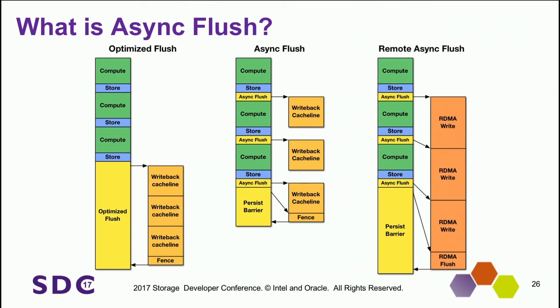And of course, that's much more expensive than the local cache line write back in terms of execution time. So again, we stack up multiple of these, fire them off with asynchronous flushes. And then when we get to the end of our persistence epoch, we invoke a persist barrier, and that's going to have to invoke a remote RDMA flush, which has similar semantics to the local fence. It's not going to complete and allow your program to proceed until all the previous writes have reached the persistence domain.